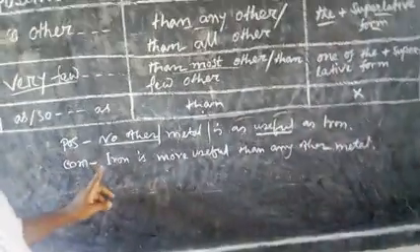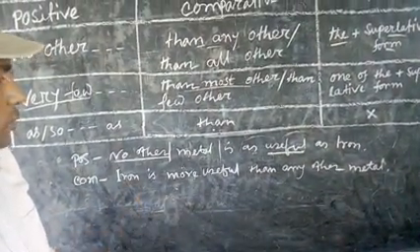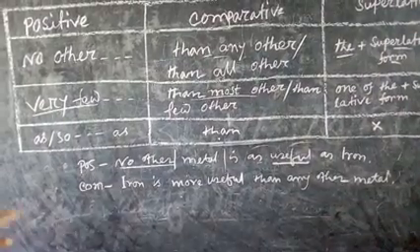Okay, dear students, the comparative form of this positive sentence is: Iron is more useful than any other metal.